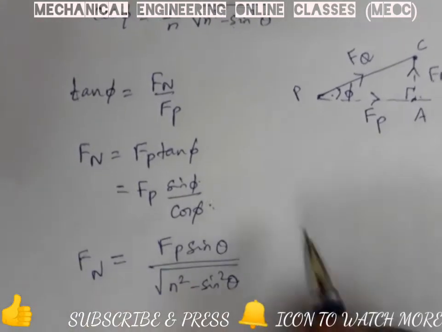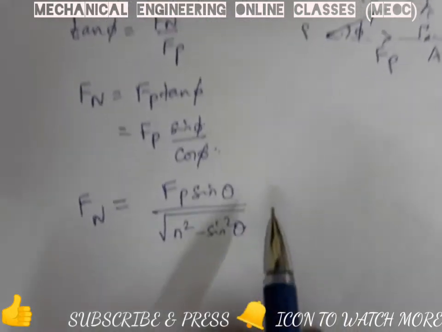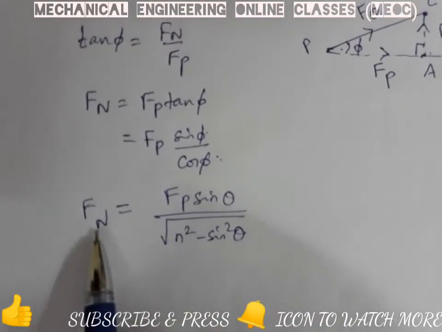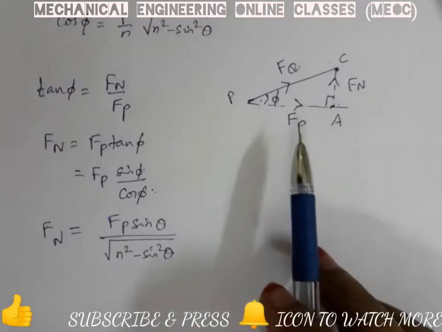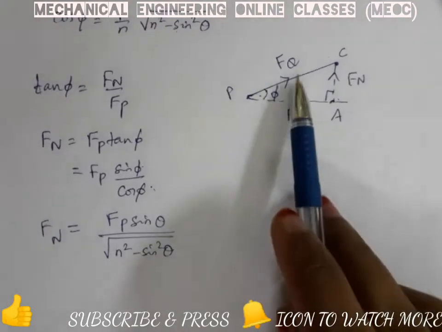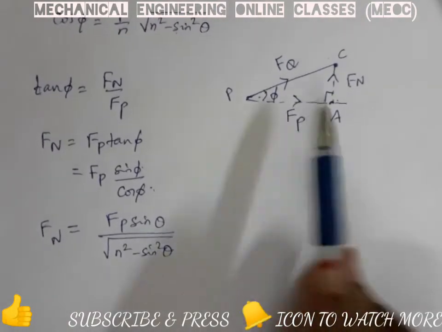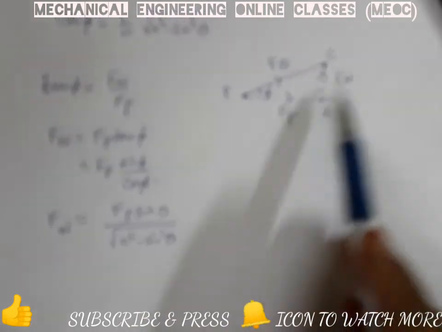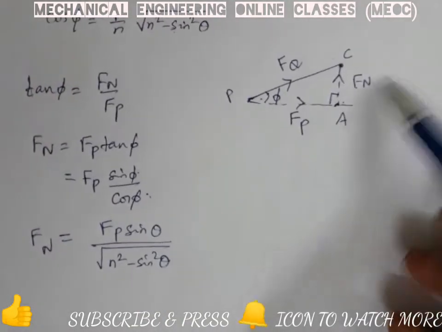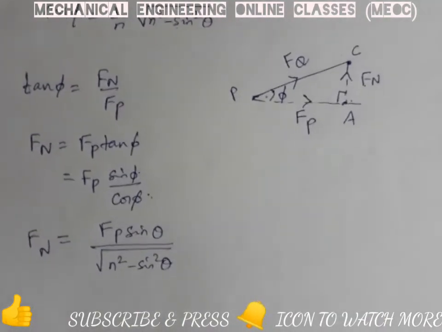So this is Fn. With the help of this expression, we can find the piston side thrust. From the same force polygon, we can find FQ because we already found Fp and we already got Fn. So using these two known quantities, we can find FQ, which is the force along the connecting rod.